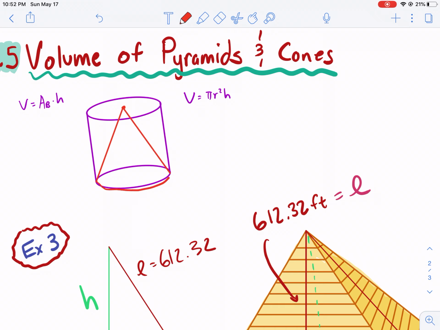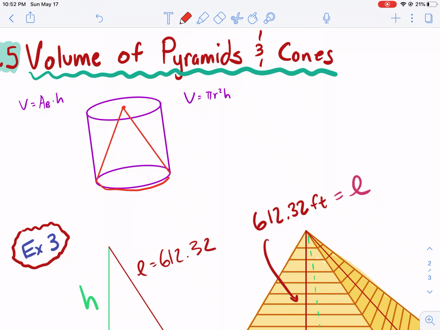378.4 squared. Okay, so for this squared, I got 374,935.78. I'm going to round it. For my height, I don't know, that's what I'm looking for. And 378.4, I need to multiply that by itself. And I get 143,186.56.